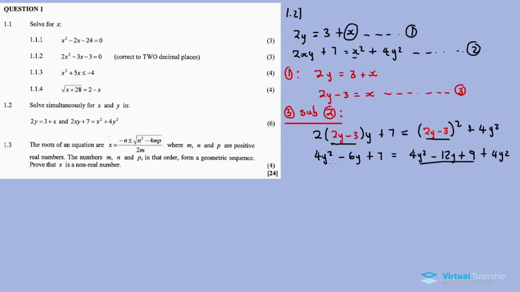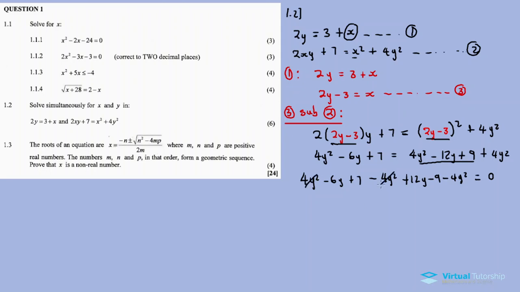Therefore, we transpose everything to the left hand side. On the left hand side, it's still the same. So it's 4y squared minus 6y plus 7, and then minus 4y squared, plus 12y, minus 9, minus 4y squared, equal to 0.